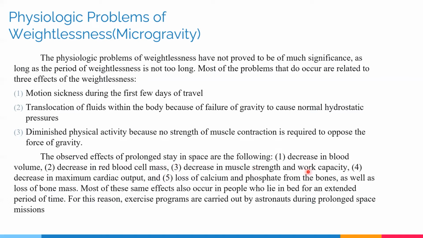These include decrease in blood level, decrease in red blood cell mass, decrease in muscle strength and work capacity, decrease in maximum cardiac output, and loss of calcium and phosphate from bones, as well as loss of bone mass.